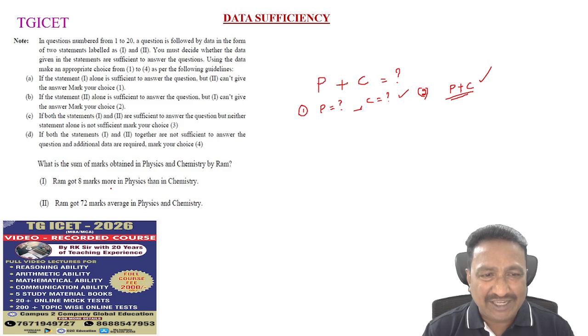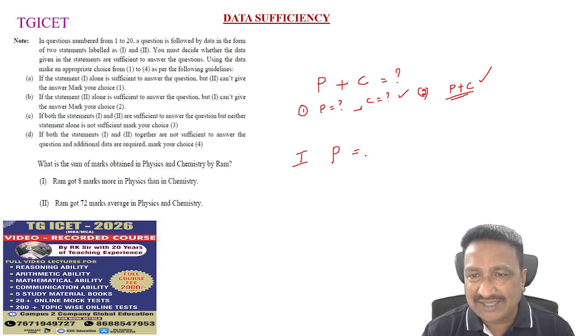Ram got 8 marks more in physics than in chemistry. So he is telling that Ram got 8 marks more in physics than in chemistry, which means according to the first statement he got more marks in physics than chemistry, 8 marks more.